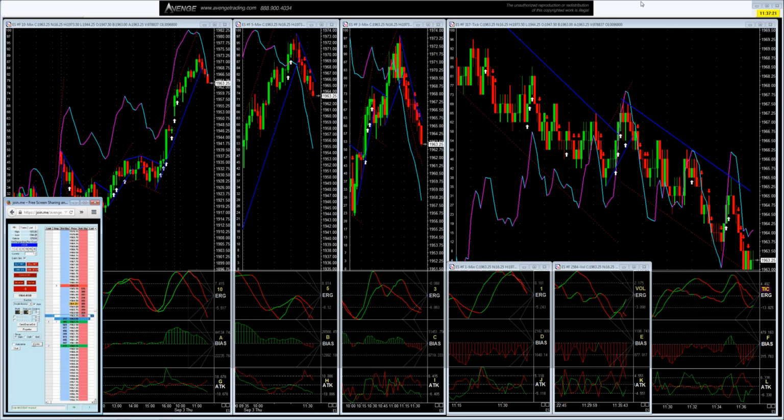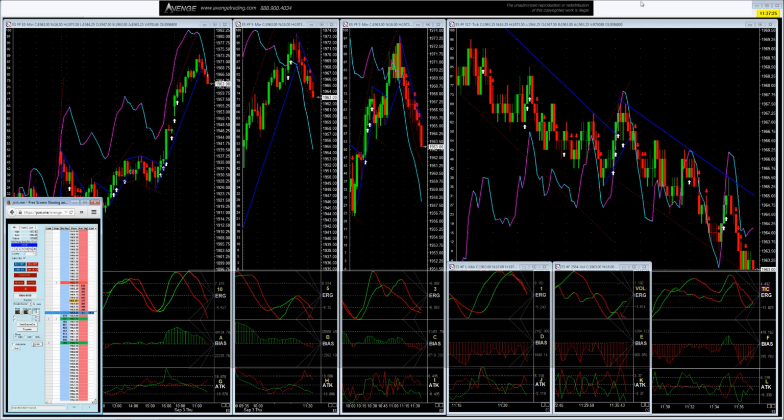Looks like the market wants to press down, just having a little bit of resistance here at this level. Resistance looks like it's at 62 though.